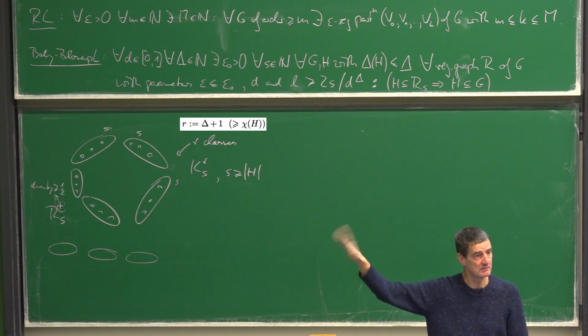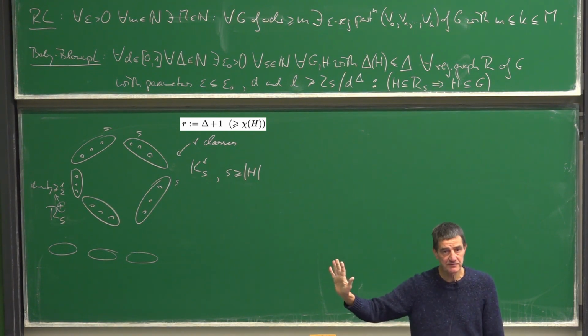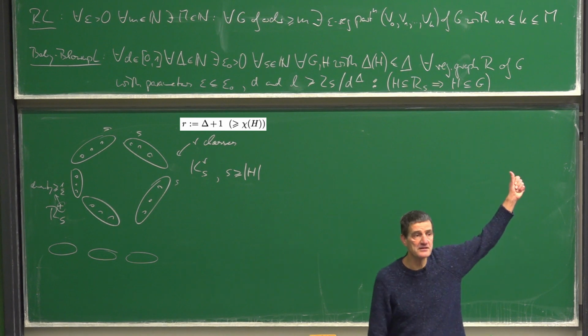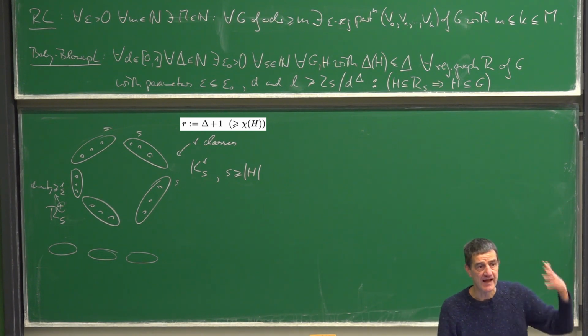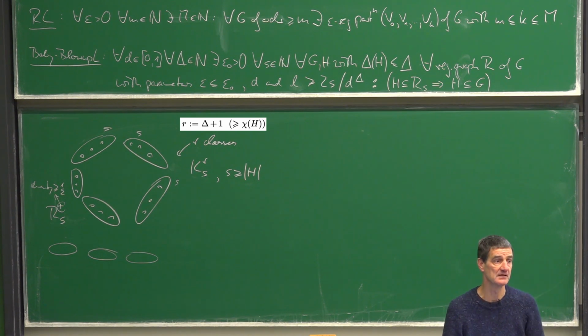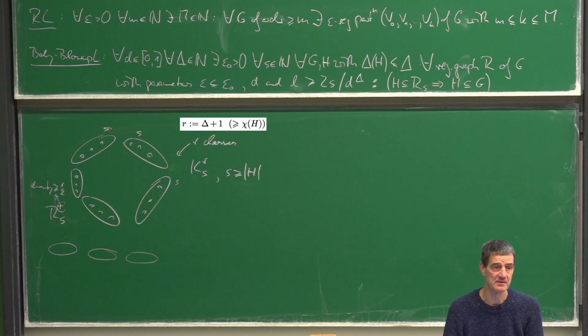And then everything went on autopilot from there. So might it be enough, could we strengthen the theorem to saying that for every H whose chromatic number is at most something, we have a linear Ramsey number? That would be a much, much better theorem.